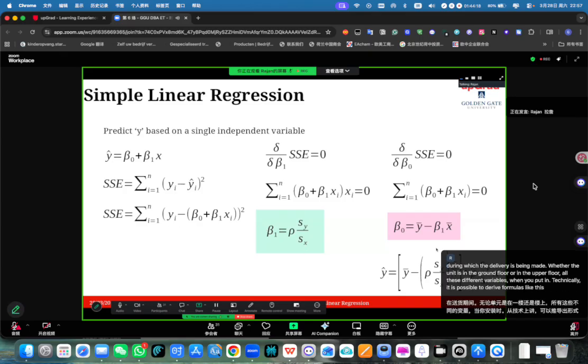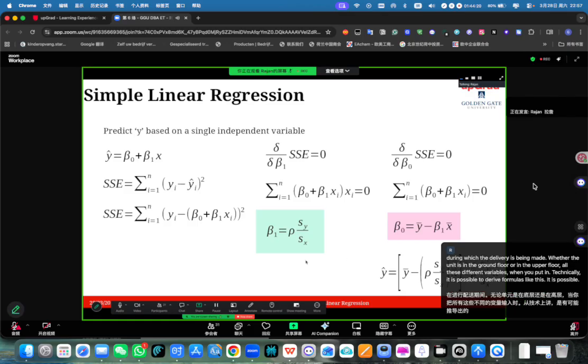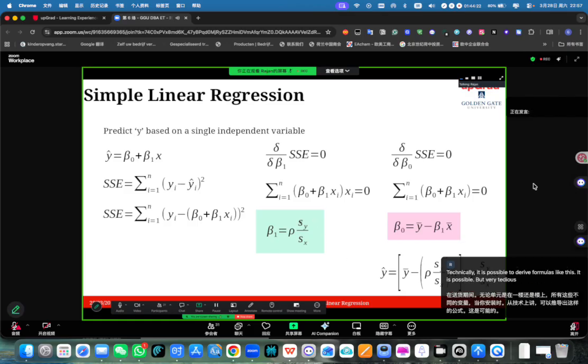It is possible, but very tedious and very difficult. The moment you put in even two variables, this becomes very tedious.